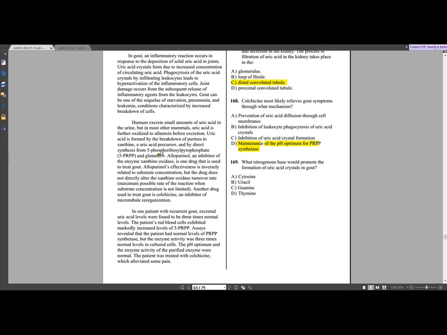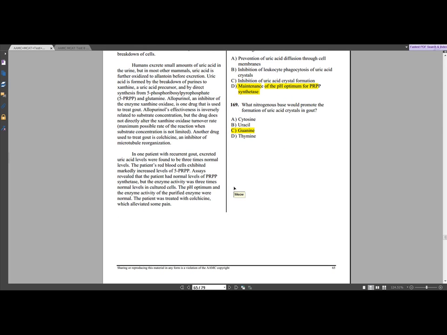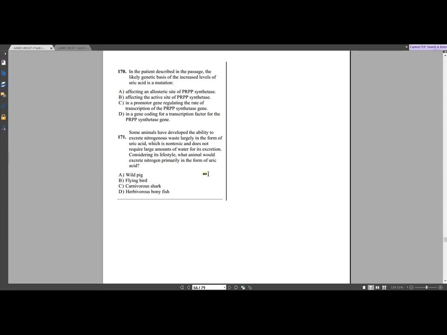I see glutamine, but glutamine is an amino acid. Uric acid is formed by the breakdown of purines to xanthine. I mean, the only one that has a G is guanine. I don't know what breaks down to xanthine. We never had to memorize that.